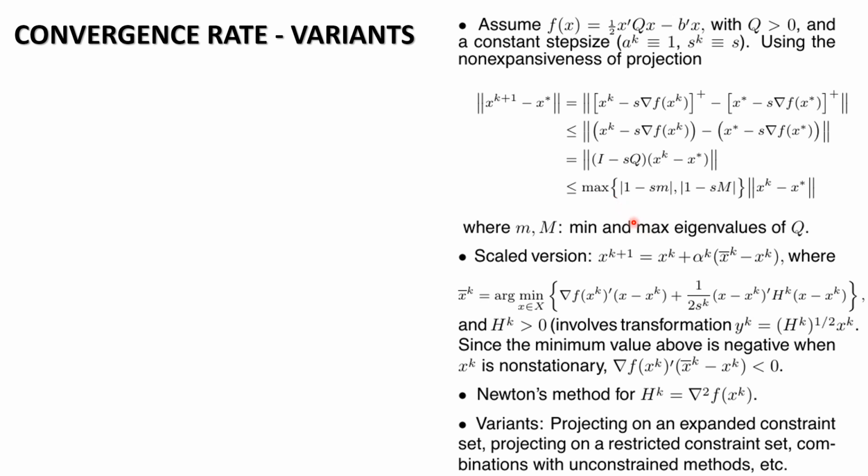And this gives a contraction property when s is from 0 to 2 over m big, so the method converges linearly under appropriate s.